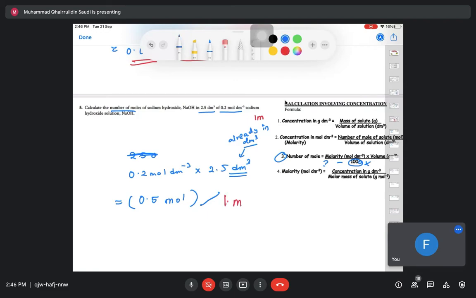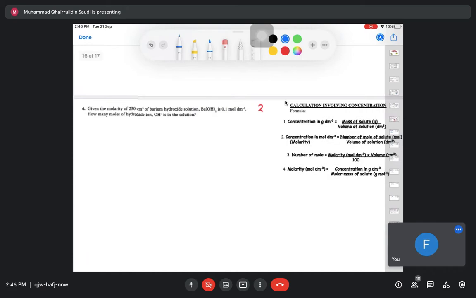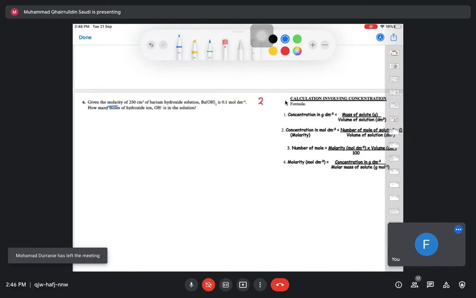Good. Next, number 6. Given the molarity of 250 centimeter cube of barium hydroxide is 0.1 mole per dm cube, how many moles of hydroxide ions in the solution? So now, the question is moles of hydroxide ion. Okay, in order for us to find the mole of hydroxide ion, we have to find the number of mole of barium hydroxide first. So which formula should we use?